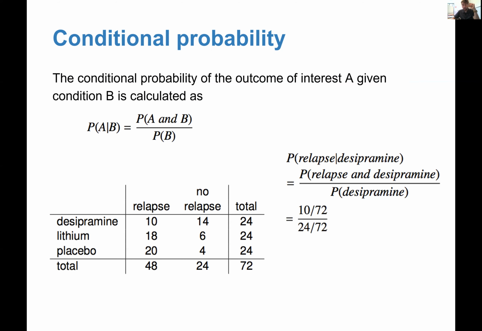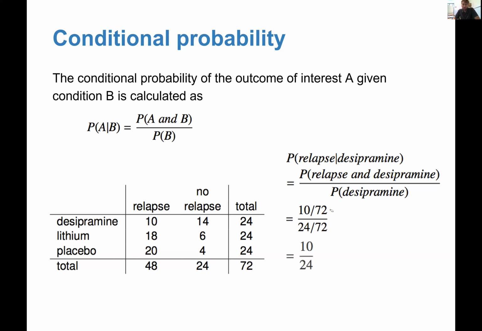So the probability of the "and" is 10 out of the 72. The probability that you had the drug, the total of the drug, is 24 out of 72. And you'll see that they have both the same denominator.